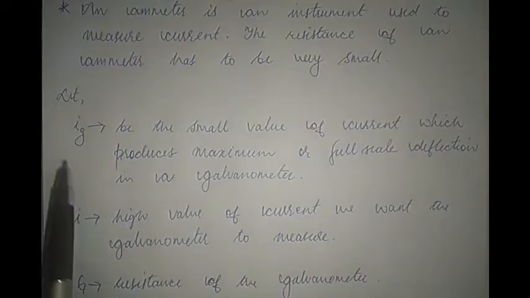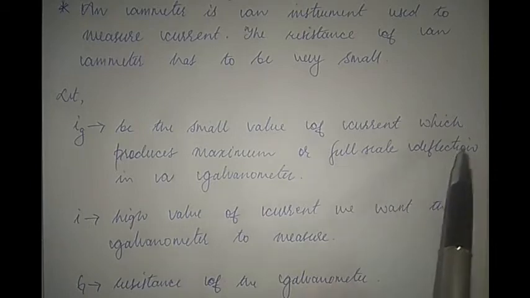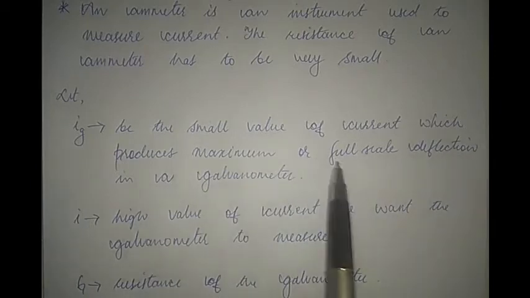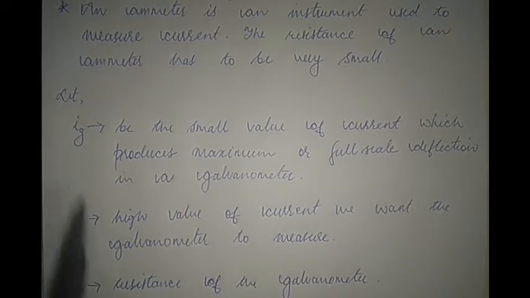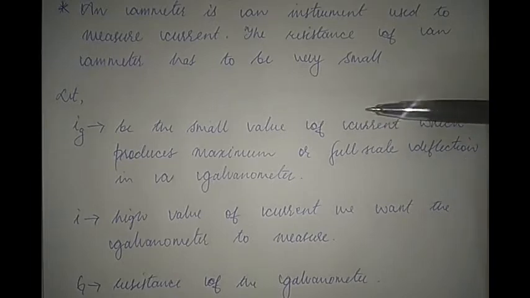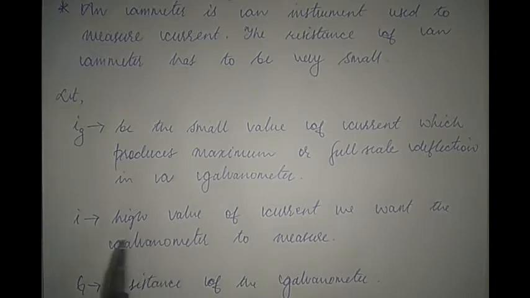Now let us consider that Ig is a small value of current which produces maximum or full scale deflection in a galvanometer. So to say, it is the maximum value of current which a galvanometer can measure. But it's a very small value of current, don't forget that. And now what we want to do is, we want the galvanometer to measure a high value of current which is equal to I. So to say, we want the galvanometer to function as an ammeter.